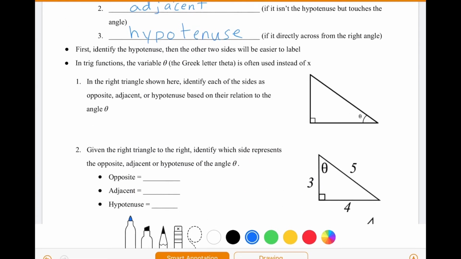In trig functions, the variable theta, the Greek letter, is often used instead of x. So for number 1, in the right triangle shown here, identify each of these sides as opposite, adjacent, or hypotenuse based on their relationship to the angle theta.